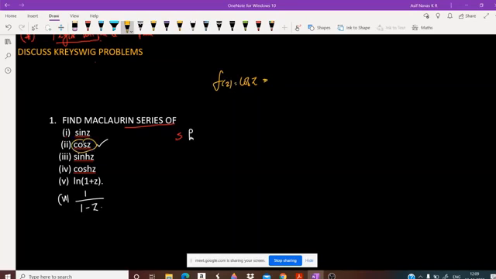So for cos z the answer will be 1 minus z square by 2 factorial plus z raised to 4 by 4 factorial, etc. You will get minus 1 power n z power 2n divided by 2n factorial plus etc. So this is the cos z Maclaurin series. You can do the same procedure for cos z.